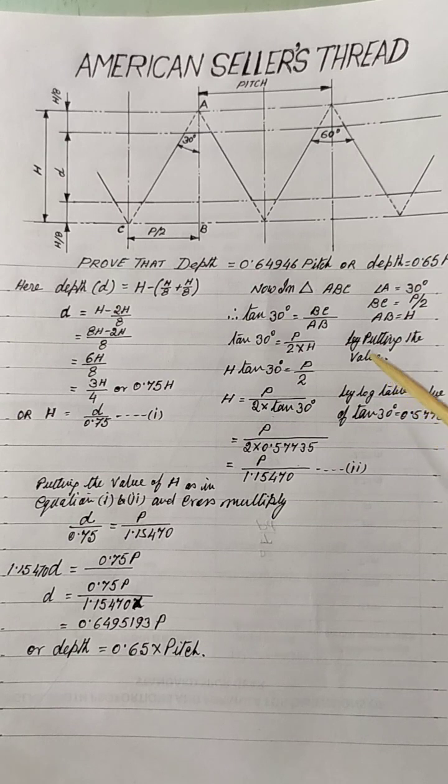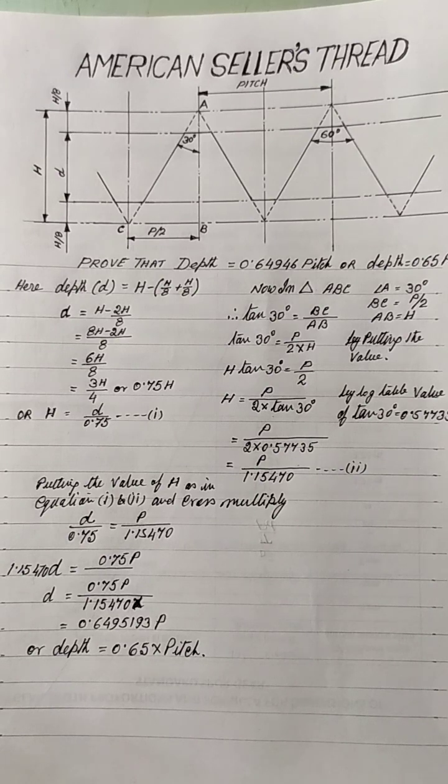Another equation we will find out. This is the triangle ABC. What is the included angle of Metric thread? 60 degree. In BSW, it is 55 degree. You have to remember this included angle of the thread.